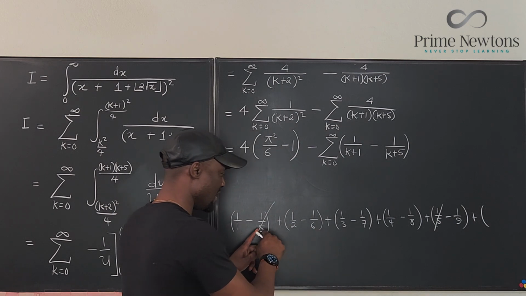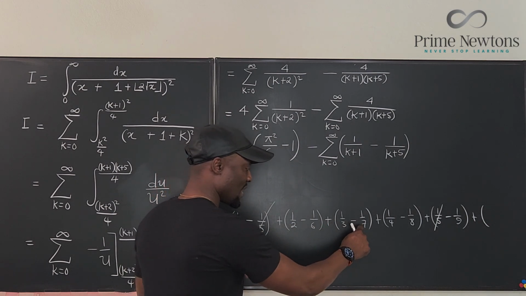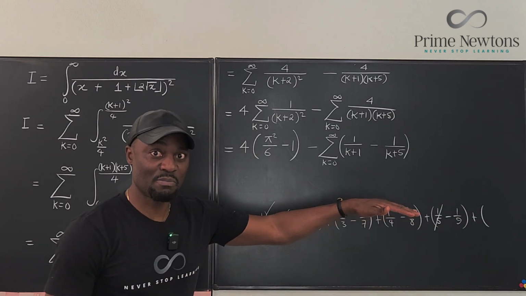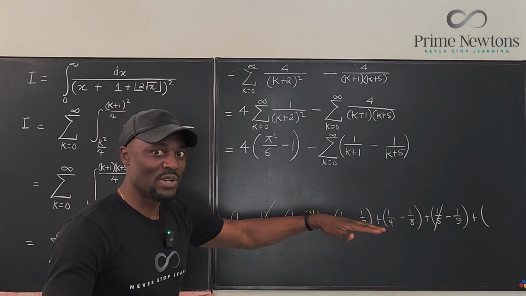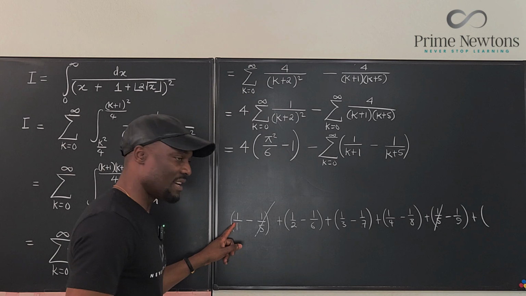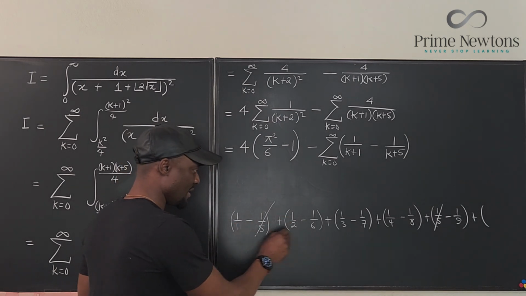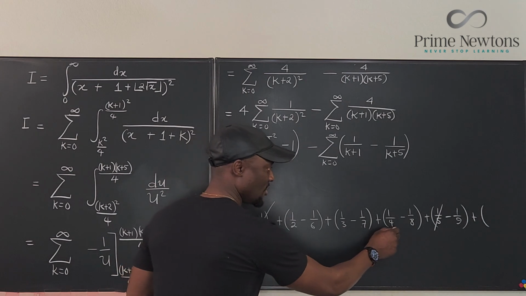So all the negatives that you have here will be taken out eventually in the future by something that's positive. The only guys that will never be taken out are the initial positives before you got to 1 over 5. So this remains, this remains, this remains, this remains, but this is gone.